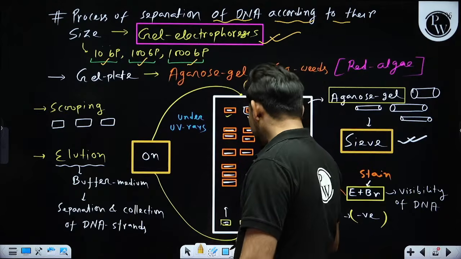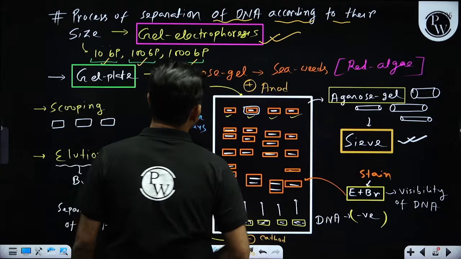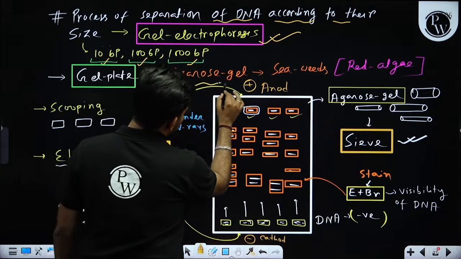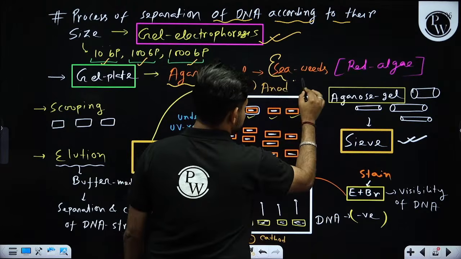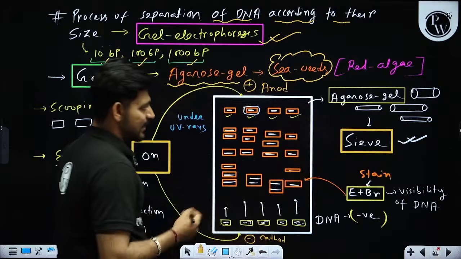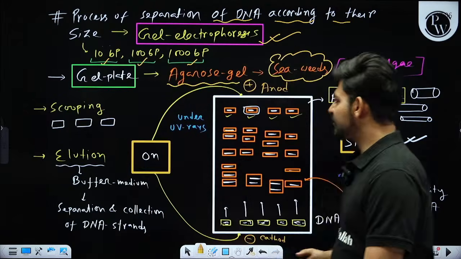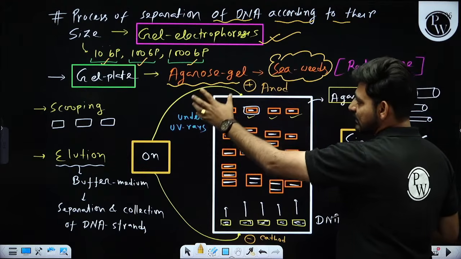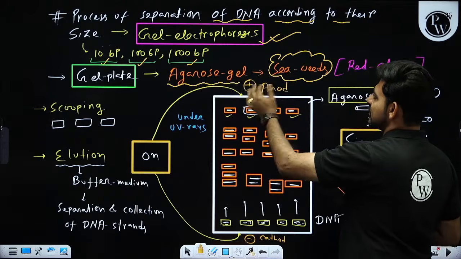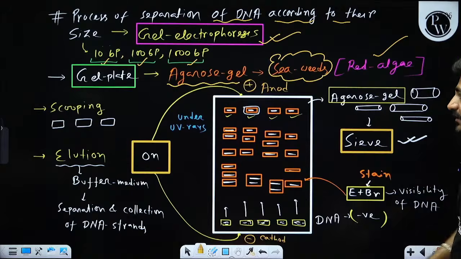For that, you have to prepare a gel plate, and the gel is actually agarose gel, which is obtained from some seaweeds. They are red algae like Gelidium, Gracilaria. So, while performing gel electrophoresis, the gel that is used is nothing but an extract of red algae.